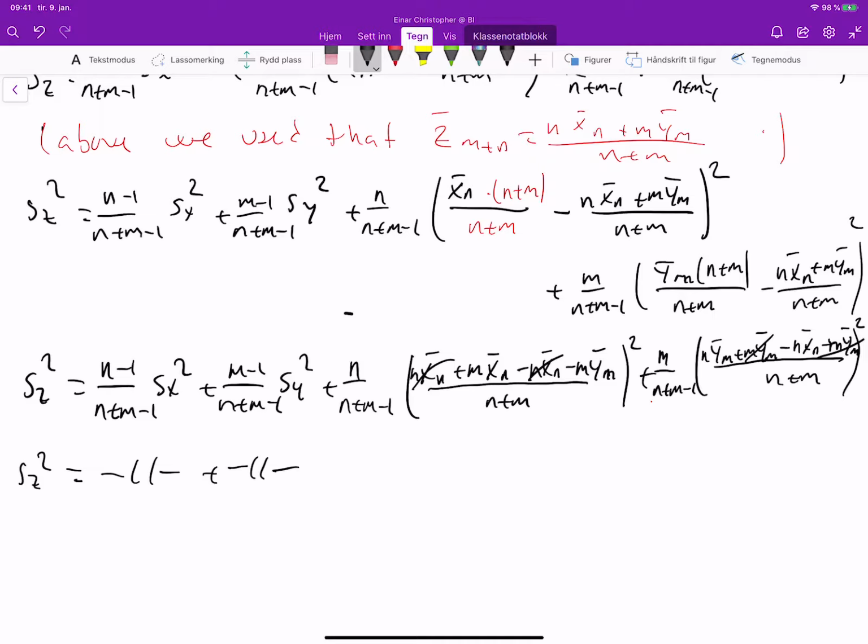So we got, doing it slowly, plus n over n plus m minus 1 times m xn bar minus m ym bar divided on n plus m in the power of 2 plus m divided on n plus m minus 1 parenthesis.